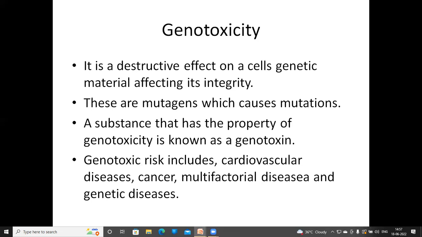The substance that has the property of genotoxicity is known as a genotoxin. Genotoxic risk mainly includes this: because of genotoxicity in the offspring, the next generations may get cardiovascular diseases, cancer, multifactorial diseases like diabetes, and genetic diseases.